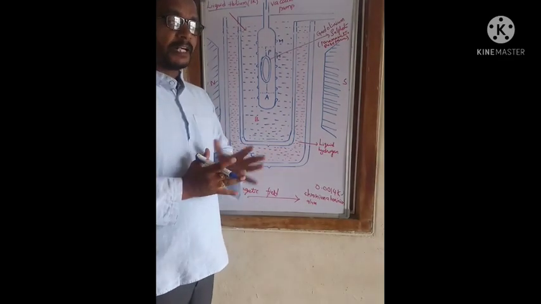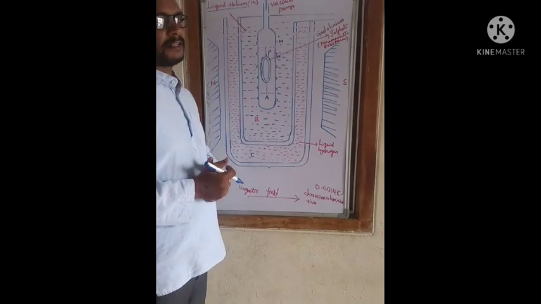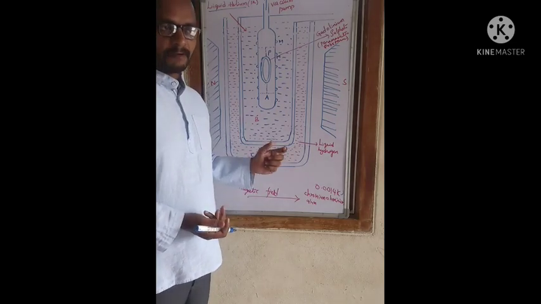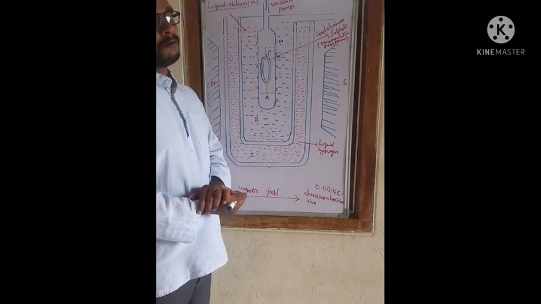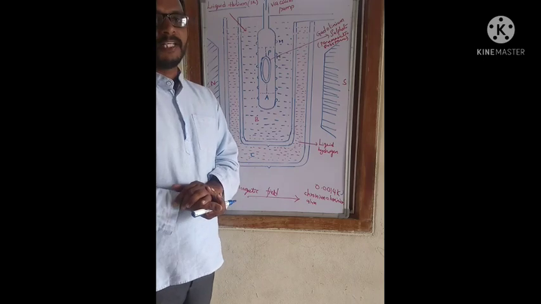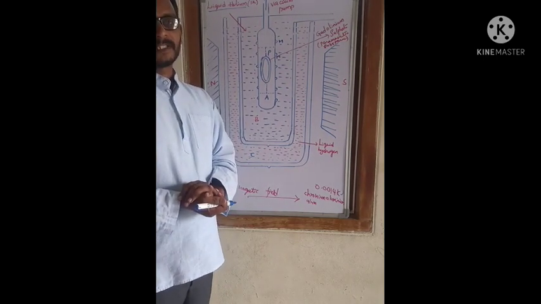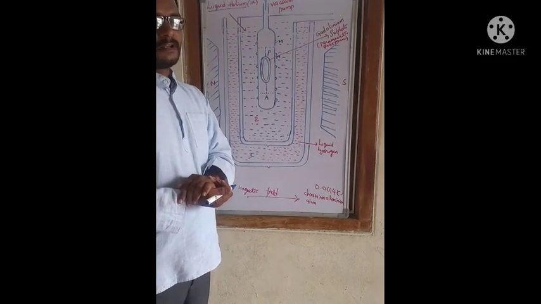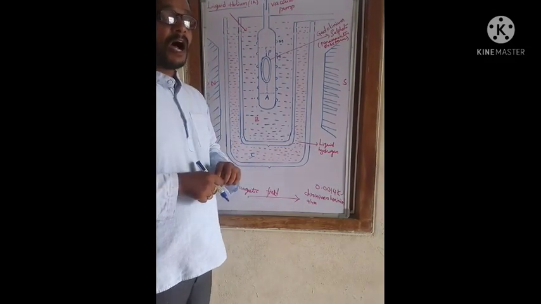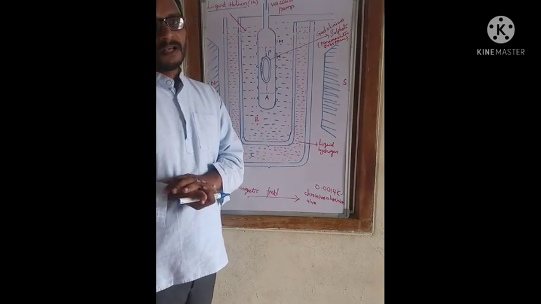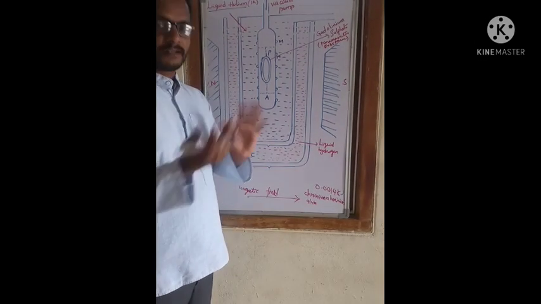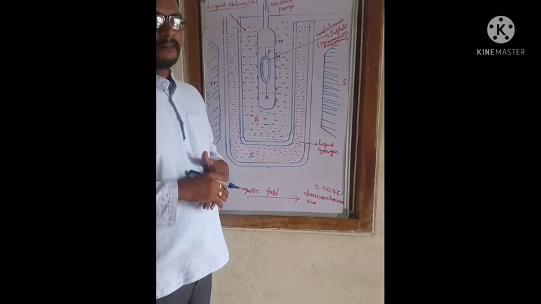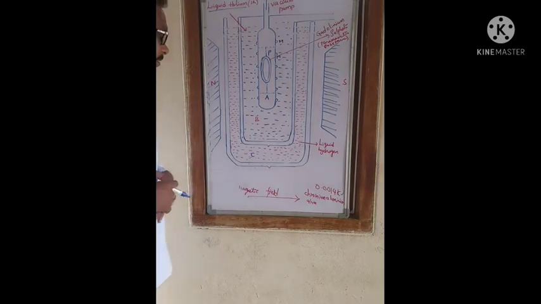In this way we can attain low temperatures by using this adiabatic demagnetization experiment. Now we have to see the theoretical explanation: how this temperature change depends on other things, energy and magnetic field. Let us see theoretically about that.